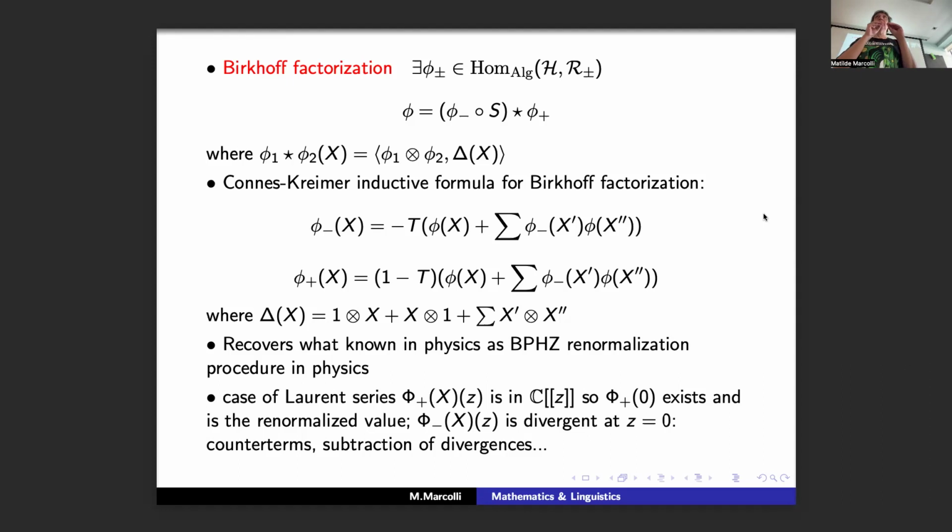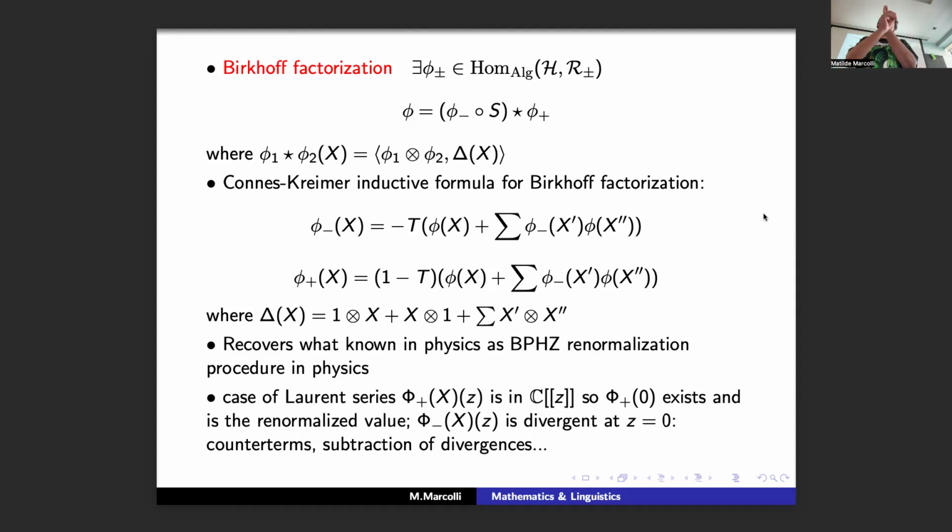These parts are still morphisms of algebras. And this is where I want to use the fact that R plus and R minus are algebras, they're not just vector spaces. So I need the Rota-Baxter identity for that. And I want these two parts of the decomposition to land in these two parts of the algebra. So one will land only in R plus and one will land only in R minus. Phi minus of x is in R minus. Yes, sorry, phi minus will land in R minus, phi plus will land in R plus.